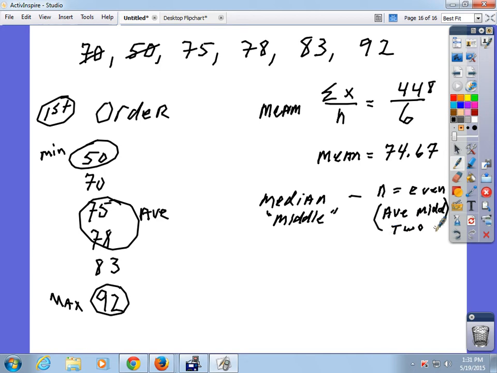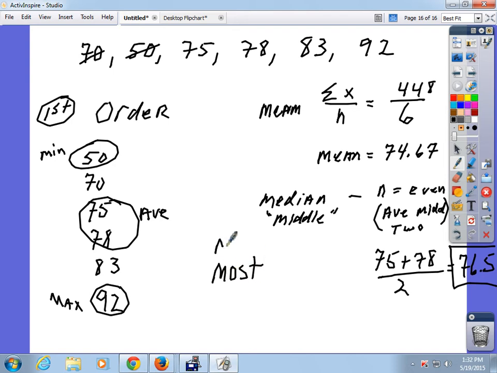So that's going to be 75 plus 78 divided by 2. Somebody give me that number. 76.5. The median is 77. The mean is 75. So that means your data is pretty tight because the median and the mean are close. If they're way off, your data's all over the place. Mode. The only thing you remember about the mode is it's the what?